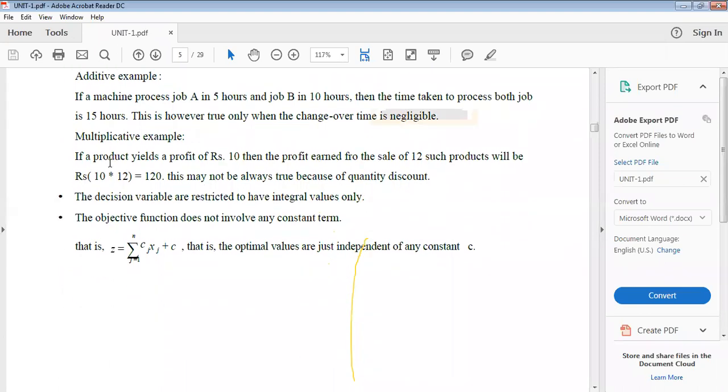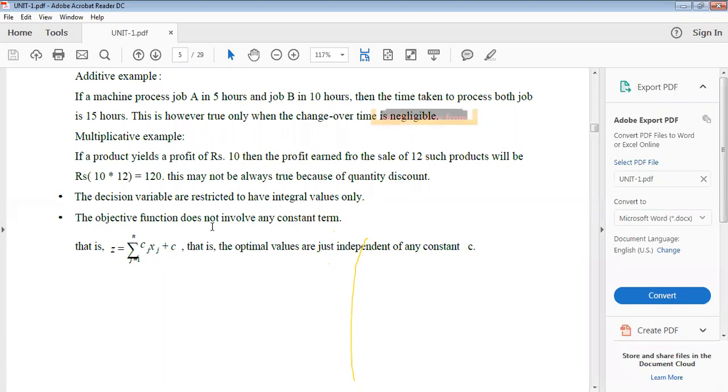Similarly, if a product yields a profit of rupees 10, then the sale of 12 such products will yield 120 rupees. This will not always hold because of quantity discounts; you cannot always sell at the same price because there may be discounts. The decision variables are restricted to have integral values.